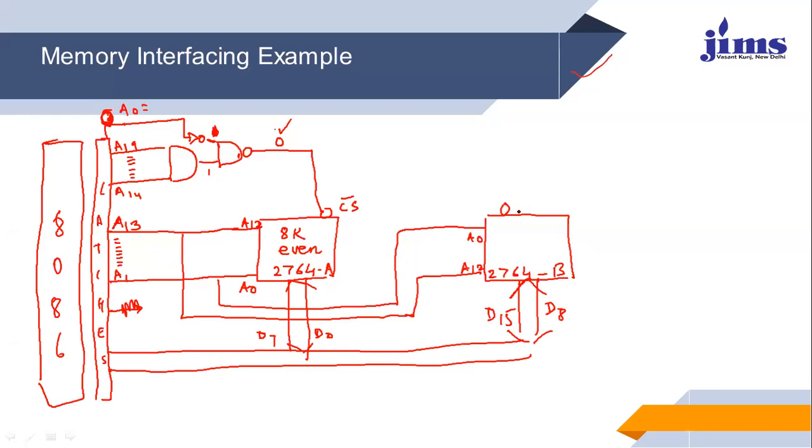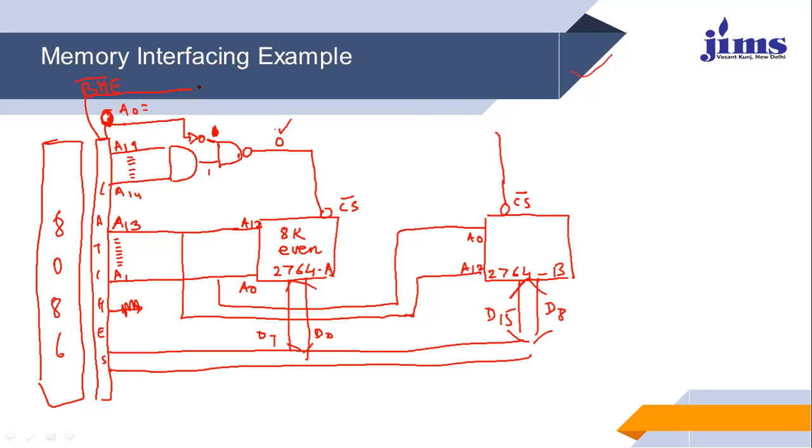Now, to generate the chip select line for this one, CS bar, I will make use of the line BHE bar. Let me take from here the line BHE bar.